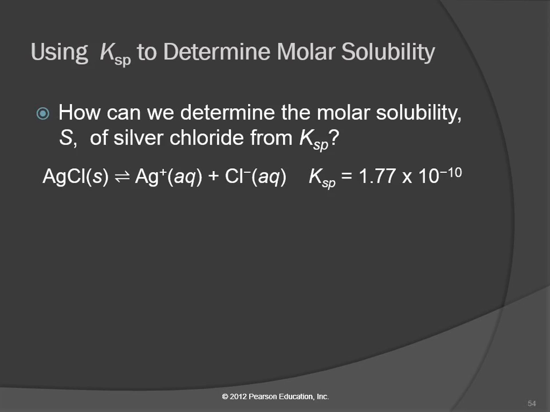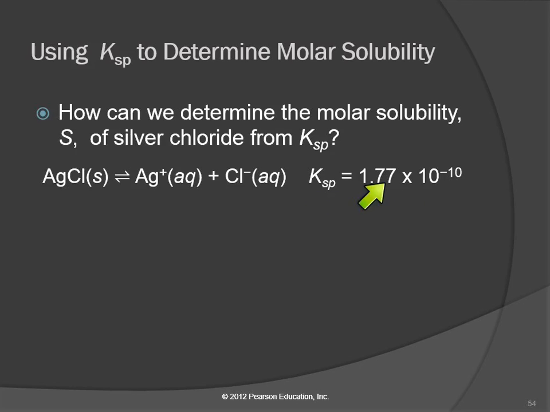So if we look at this silver chloride, when silver chloride dissolves, which it doesn't do very much, it will separate into its ions, silver ion and chloride ion. The solubility product constant for this is 1.77 times 10 to the minus 10.